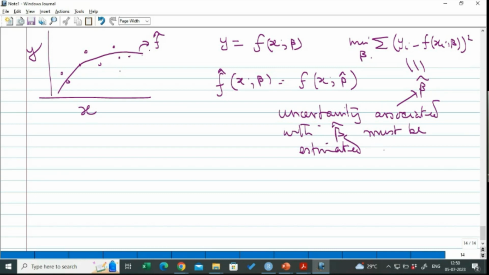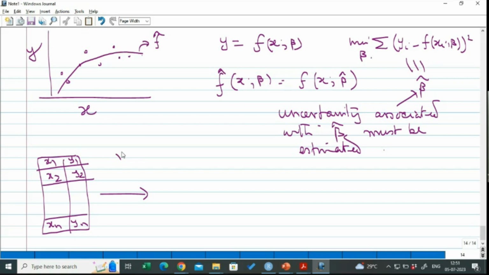One of the very popular methods in the machine learning community is called the bootstrap. It is particularly useful when we have a data-limited setting or you cannot collect more data. So in that case it works like this. Say for example you have these data values: x1, y1, x2, y2, like this up to xn, yn. From this you create a simple random sample with replacement.